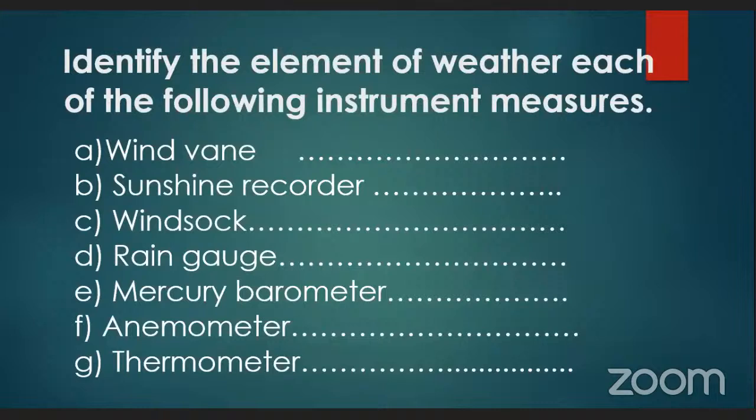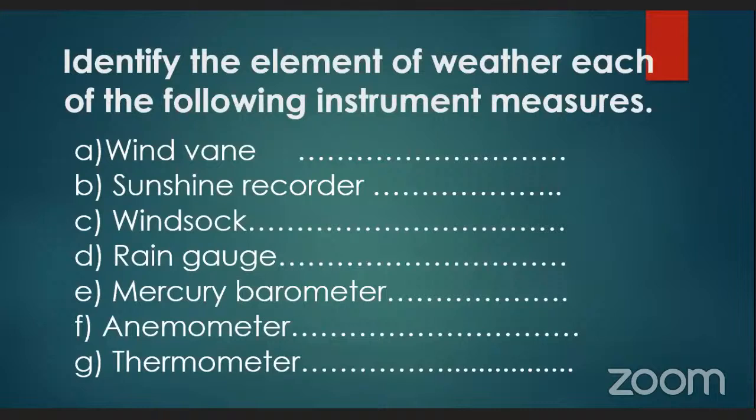Members, when there is sunshine, there is a glass ball, or what we can call a sphere. And that's where the recorder collects and directs the sun rays. That's where that machine directs the sun rays to a sensitive card.